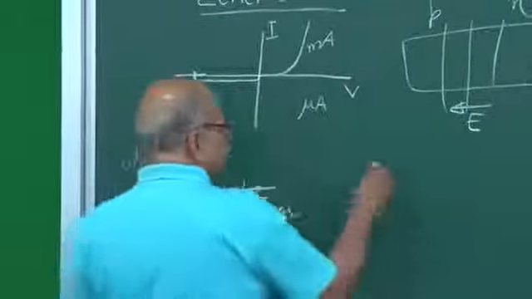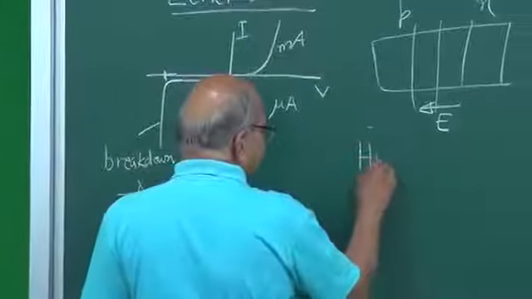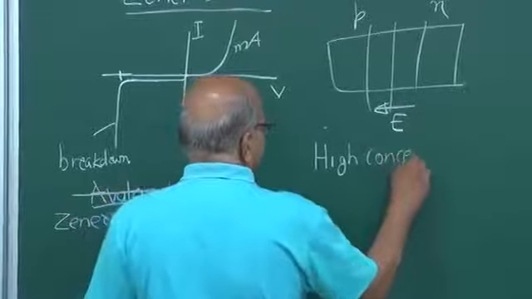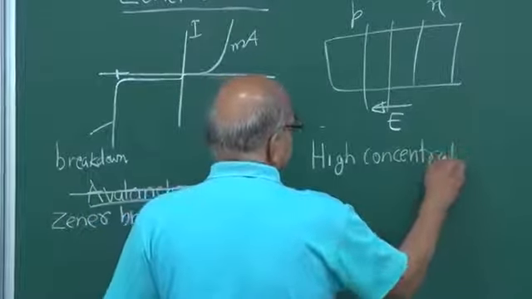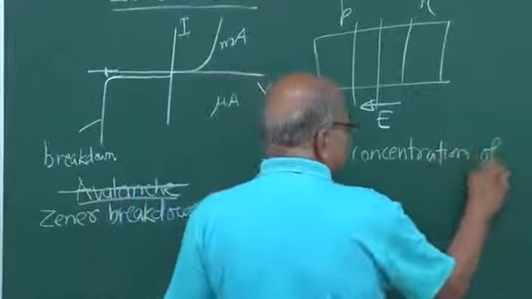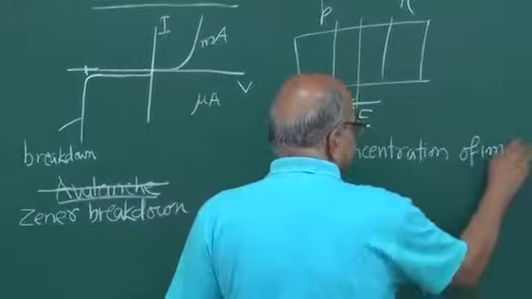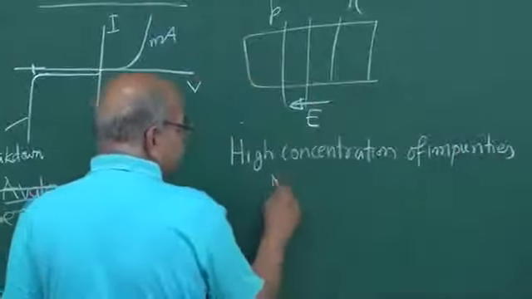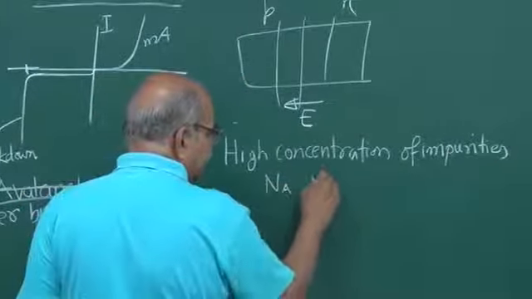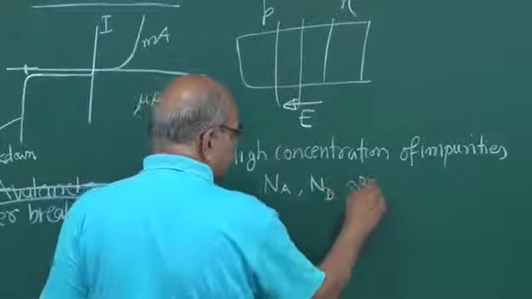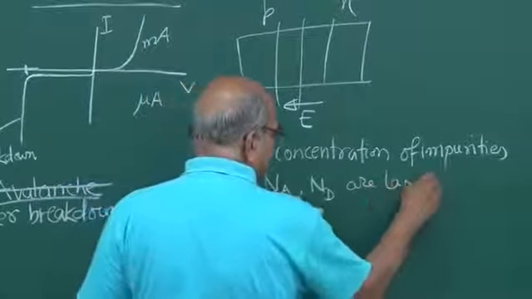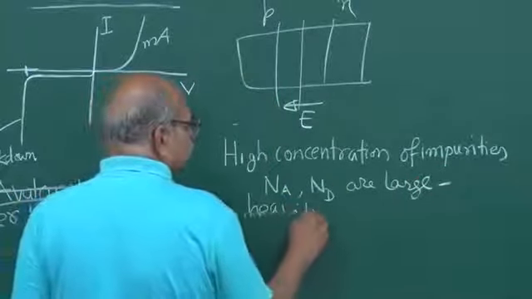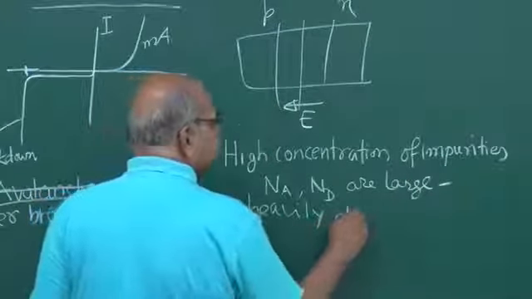So normally for Zener we have a high level of doping, high concentration of impurities. So Na and Nd are large, heavily doped. These are the words that you will find: heavily doped.